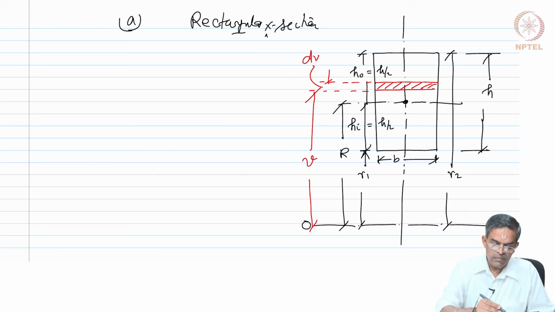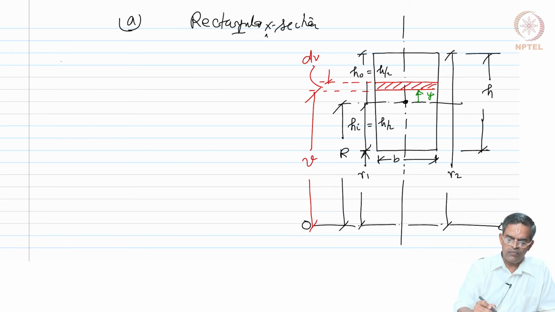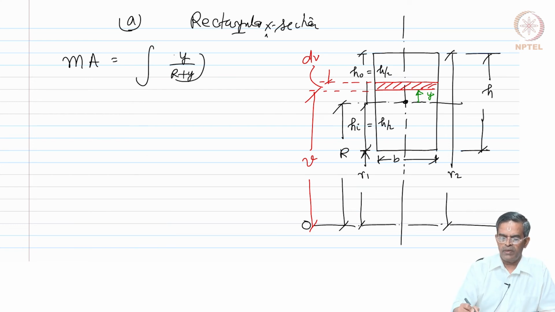The strip is measured at a distance y from the centroidal axis as usual. Okay. y is positive when it is measured towards a specific extrados side, we know that. So, the equation for mA is integral y by r plus y dA for the area.